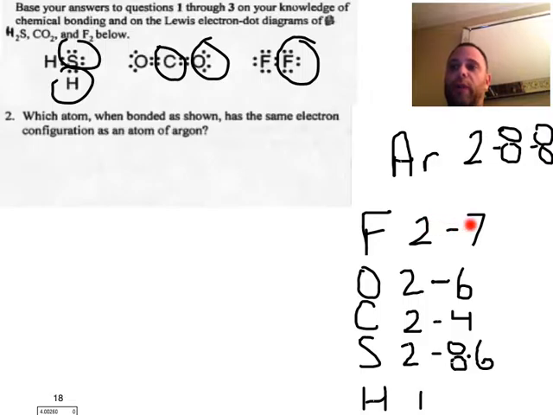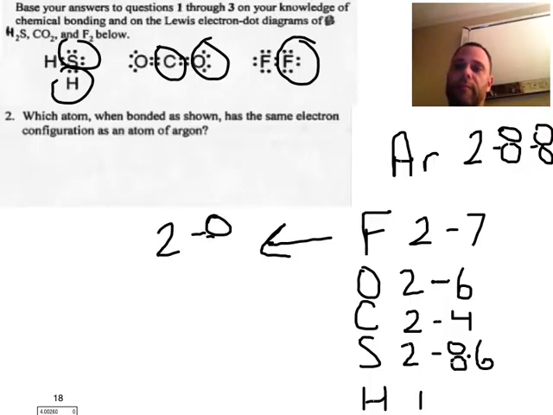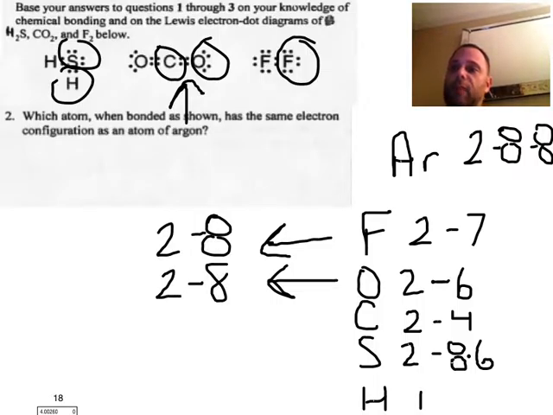Well, fluorine, when it combines as F2, resembles more or less 2,8. Oxygen, when it bonds up here, is now sharing extra electrons that make it look like 2,8.